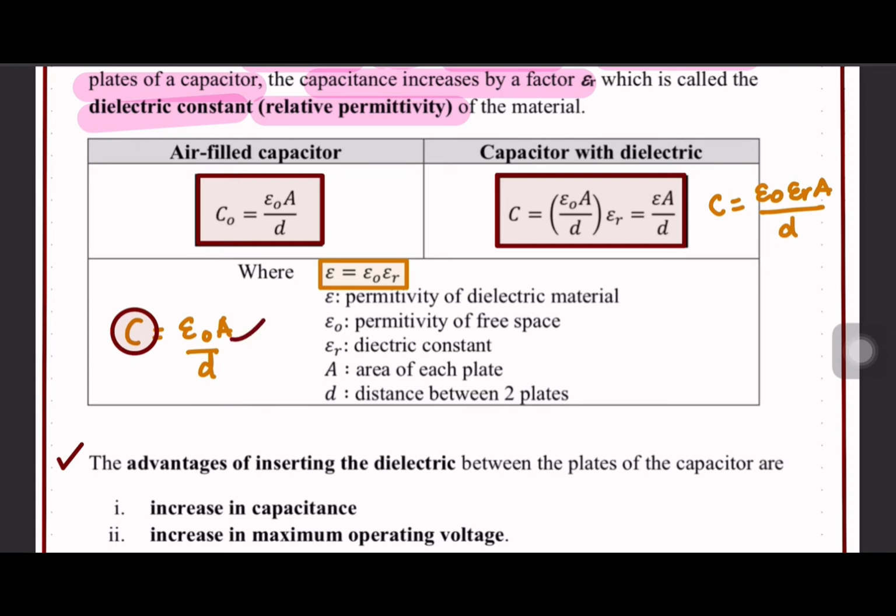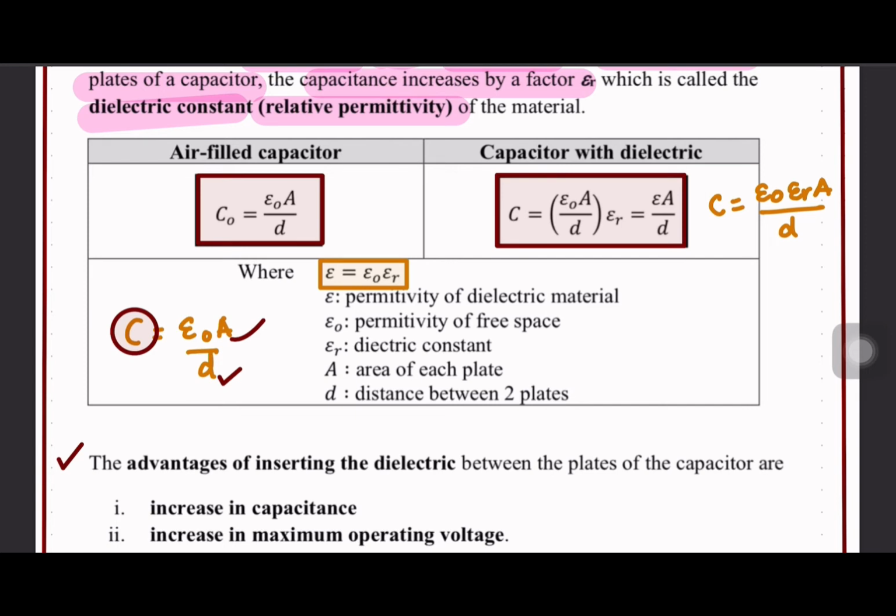Pertama, changing in area. Yang kedua adalah changing in distance between two plates. So C akan berubah kalau A berubah atau D berubah. Dan satu lagi adalah inserting dielectric.